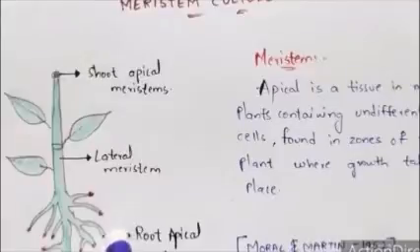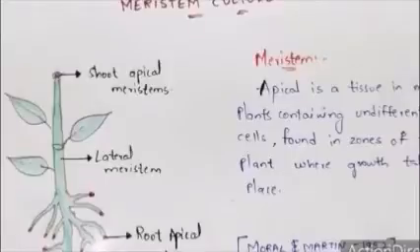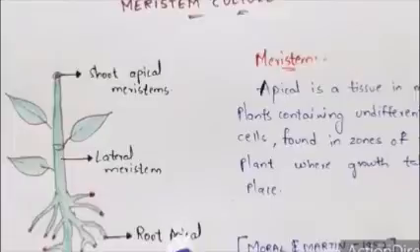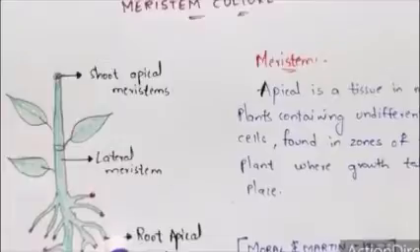Why is it present only in this region? Because at this region the growth of the root occurs, right? This sharp end region is known as the apex, hence they are called apical meristems. The apical meristems are present at the edge region of the root.